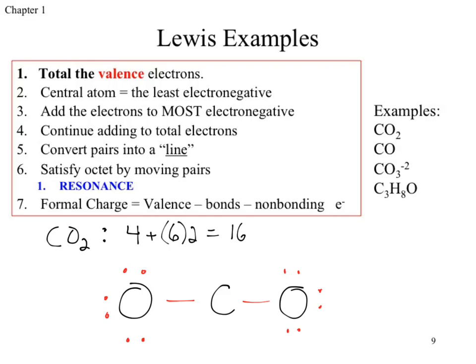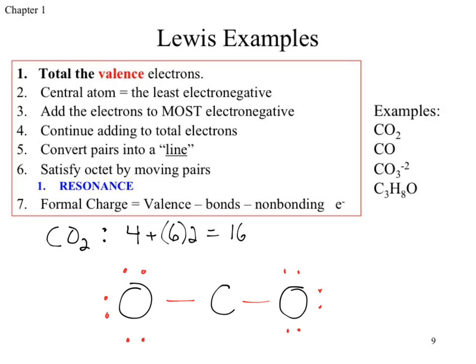So the first common mistake that students do, right, now it has 8 electrons. Whoopee. What's the problem with that? There's a reason we totaled the valence electrons to begin with. You cannot add more.